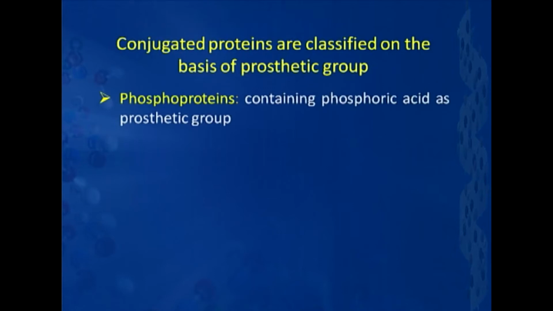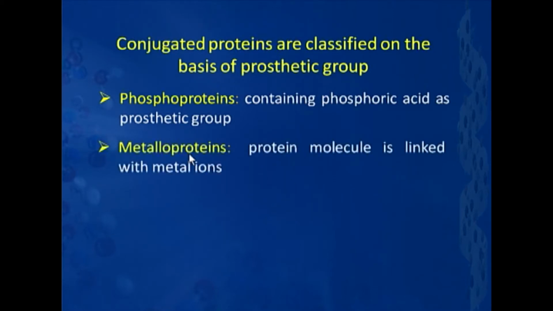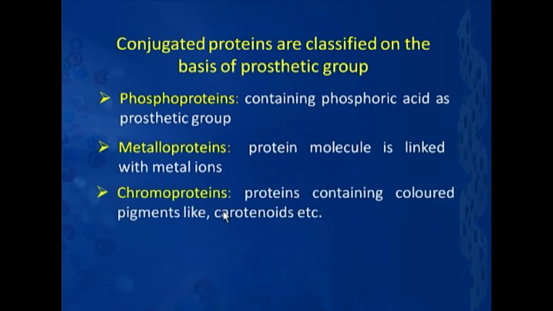Like you have phosphoproteins. As the name suggests, in this case the prosthetic group happens to be phosphoric acid. Yet another one could be metalloproteins. In this case the prosthetic group or the non-protein part happens to be some kind of metal ions. Yet another could be chromoproteins. Chromoproteins basically are the proteins which contain some kind of colored pigment as a non-protein component.